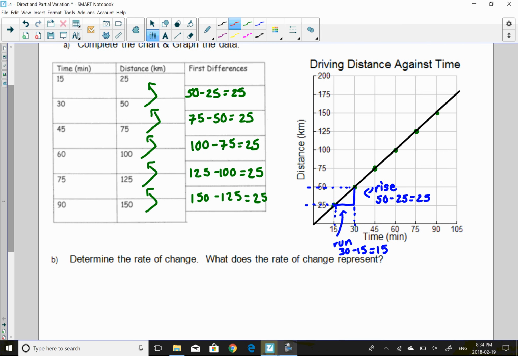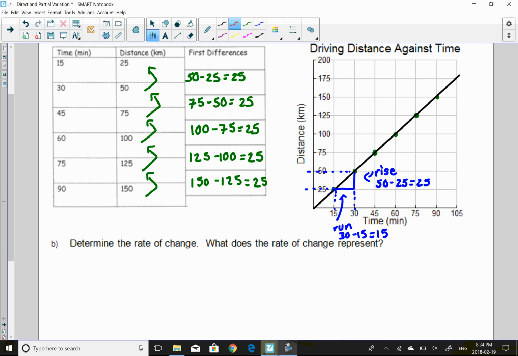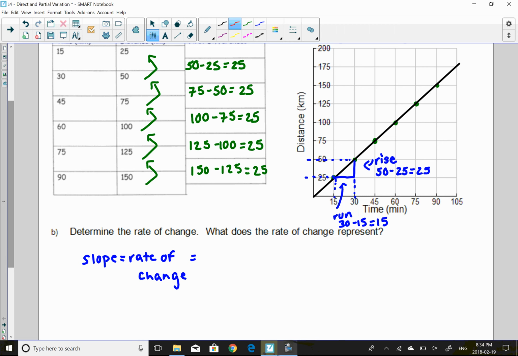So rate of change, also known as slope, is equal to rise over run, which is equal to, in our case, 25 over 15, or approximately 1.67.